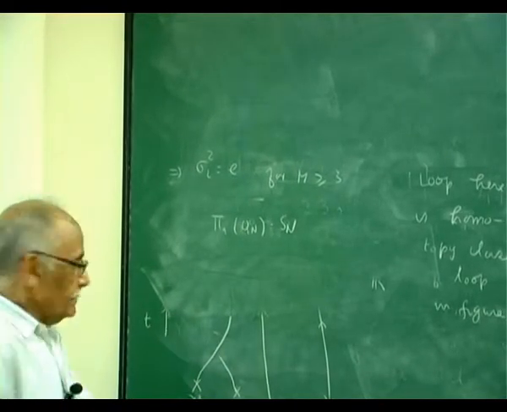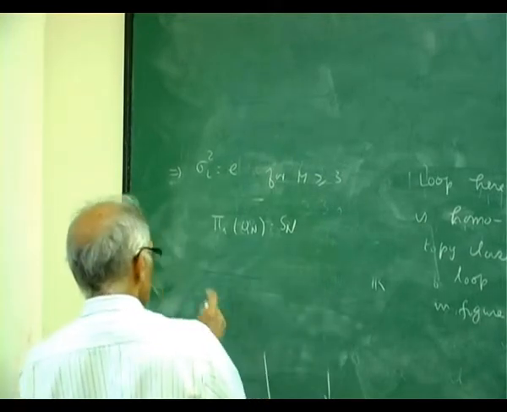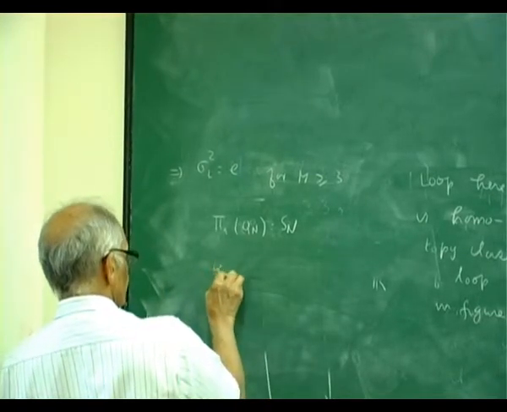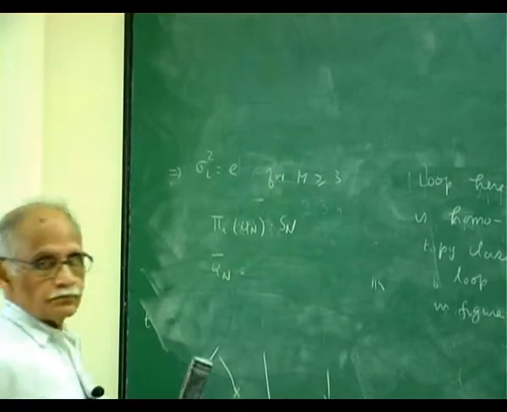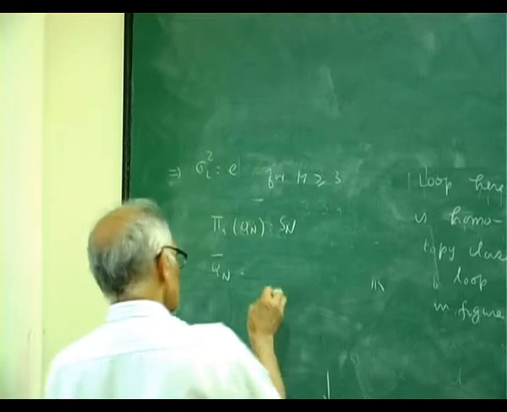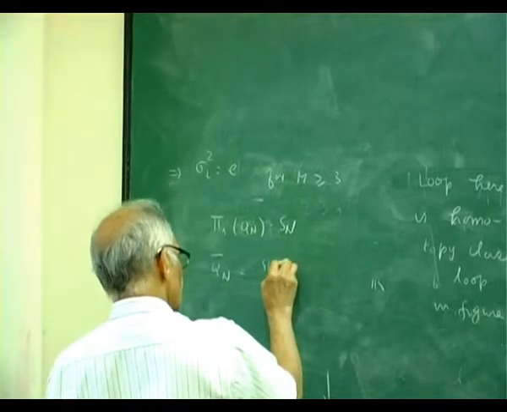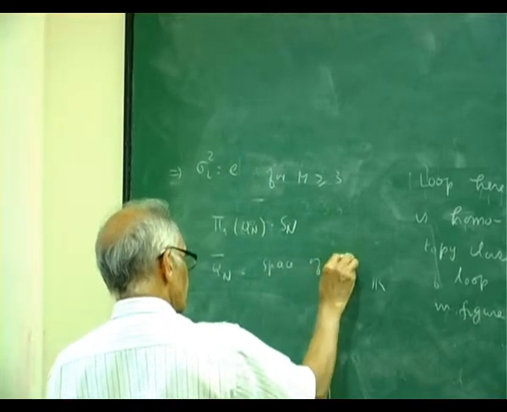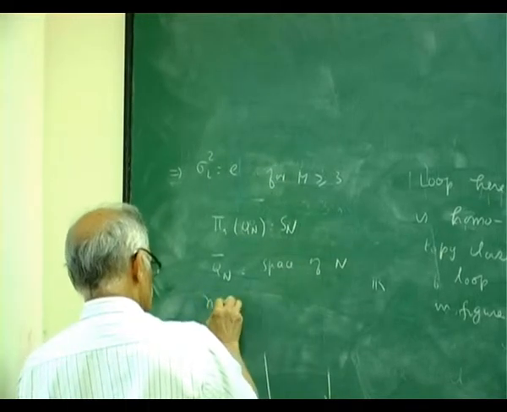The universal covering group, if you like Q bar: what is Q bar n? The covering space is simply the space of n non-identical particles.